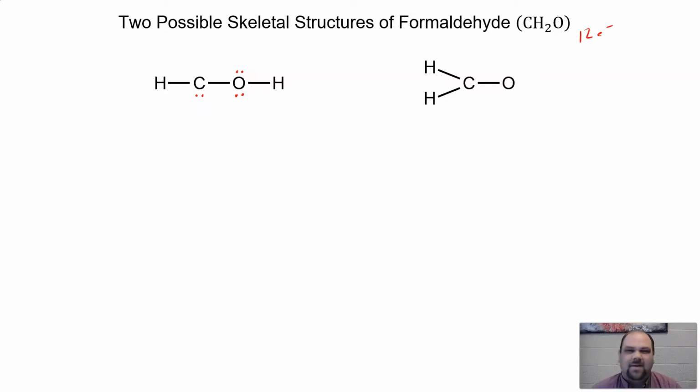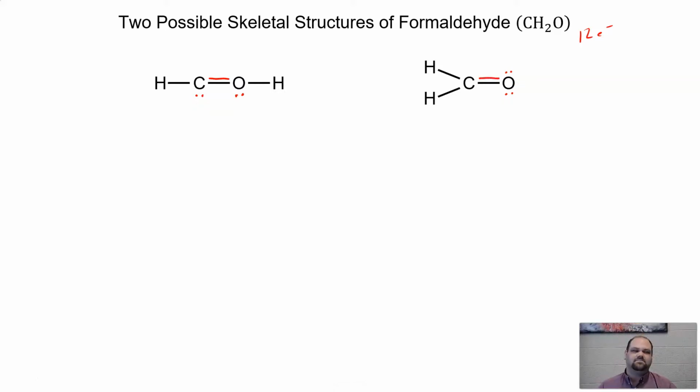Okay. Carbon does not have a complete octet, so I'm going to erase this pair of electrons. I'm going to draw in a double bond there. Right? One option. In the other drawing, we've got 6 electrons, 7, 8, 9, 10, 11, 12. That's all of our electrons. Carbon still doesn't have an octet. So again, I'm going to take one of these pairs and I'm going to make it a double bond.